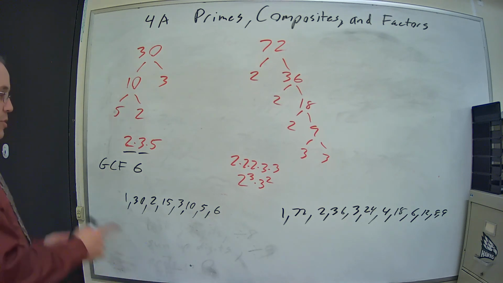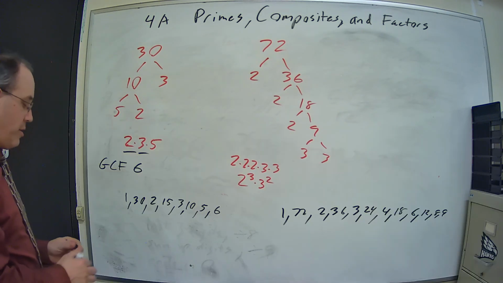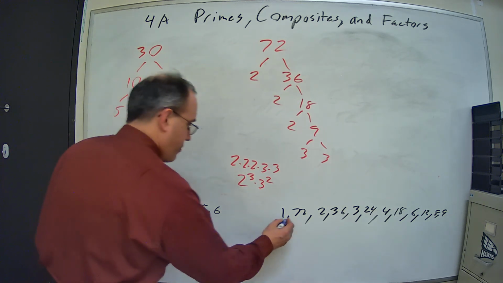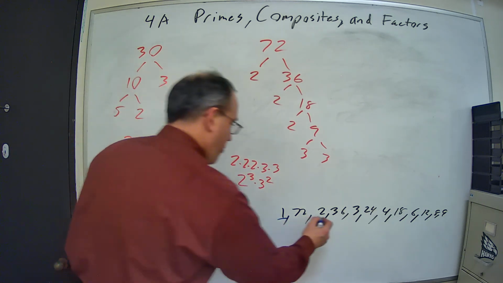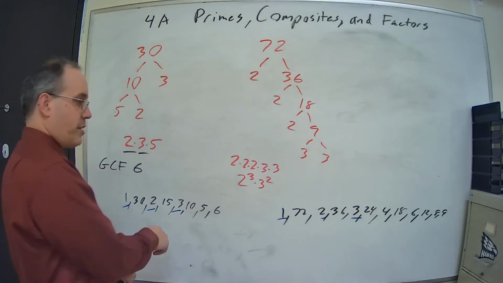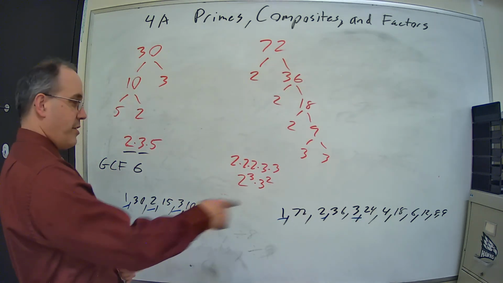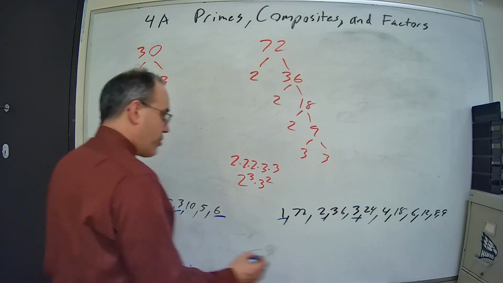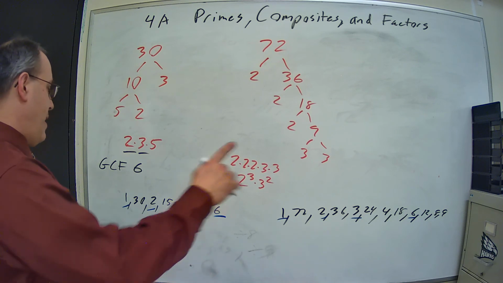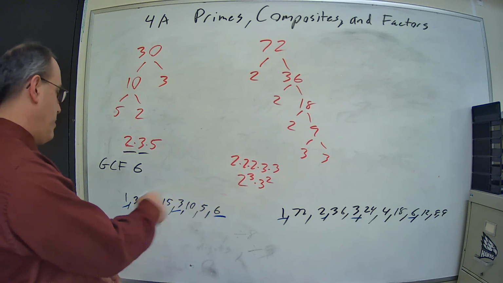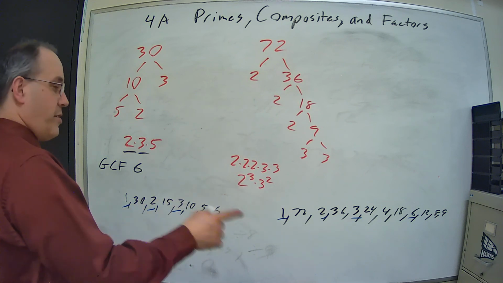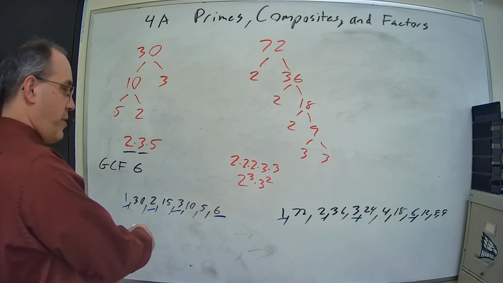So now if I look at these, which ones are common? I see that 1 occurs in both of them, 2 occurs in both of them, 3 occurs in both of them, 4 doesn't occur in this one, 5 doesn't occur in that one, 6 occurs in both of them, 7 doesn't occur in either, 8 doesn't occur in this one, 9 doesn't occur in this one, 10 doesn't occur in that one, 11 doesn't occur in either, 12 doesn't occur in that one.